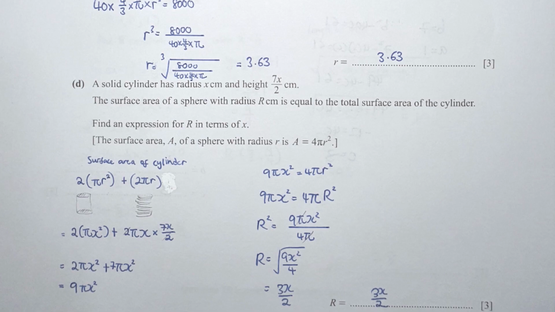After substituting x and 7x over 2, you will get 2 pi x squared plus 7 pi x squared, which is 9 pi x squared. This 9 pi x squared equals your 4 pi r squared. After the rearrangement and substitution of the capital R, you should get r equals square root of 9x squared over 4, which translates into 3x over 2.